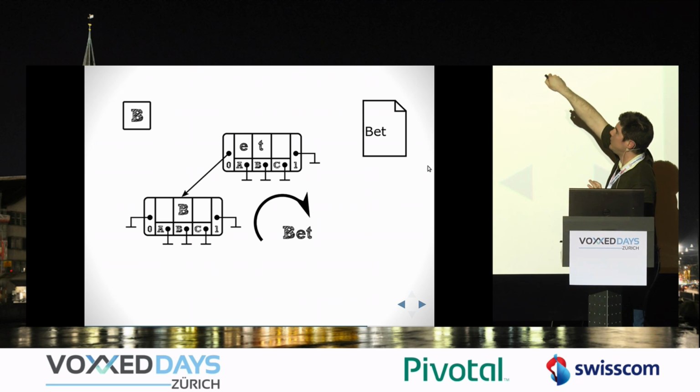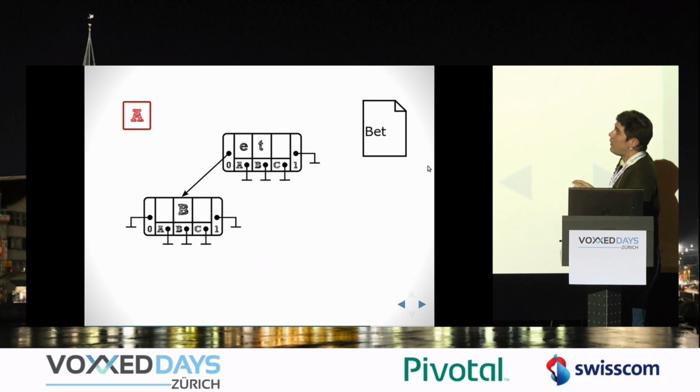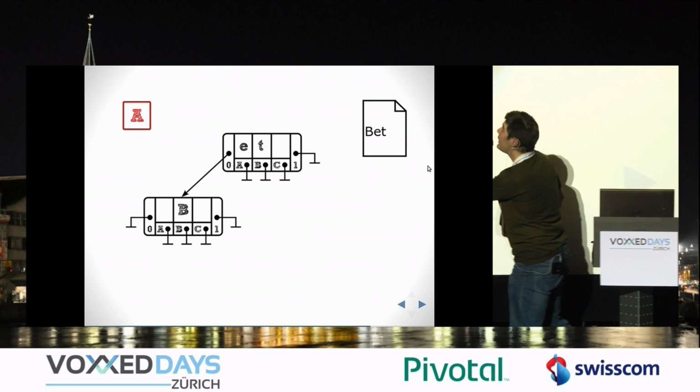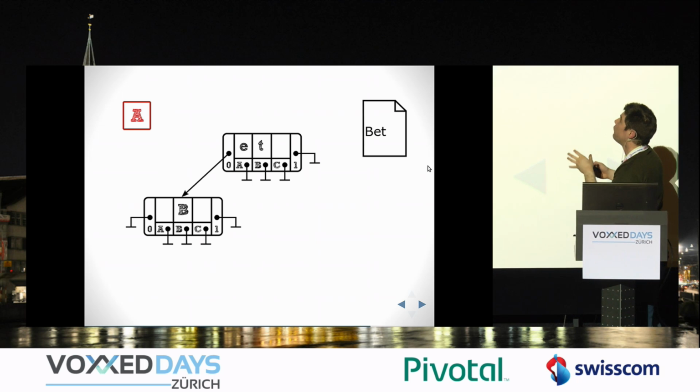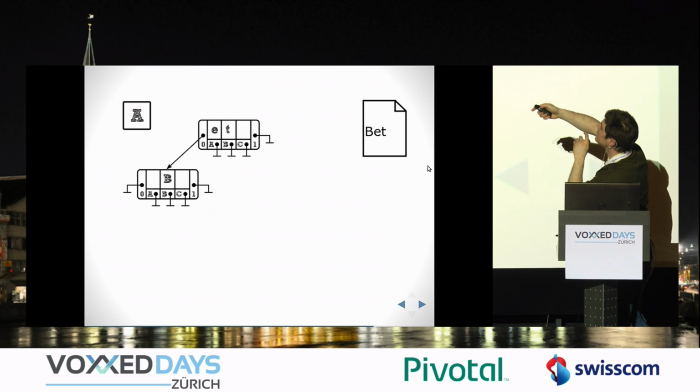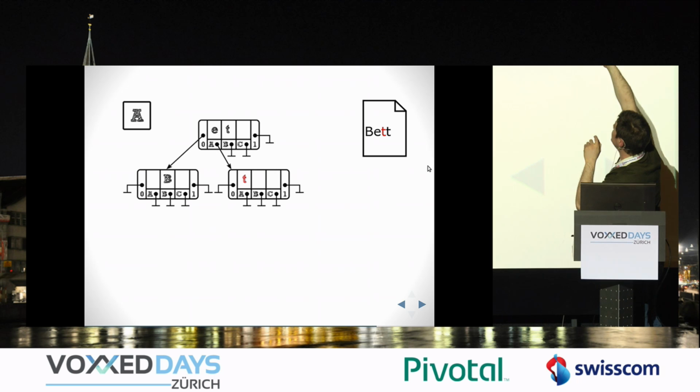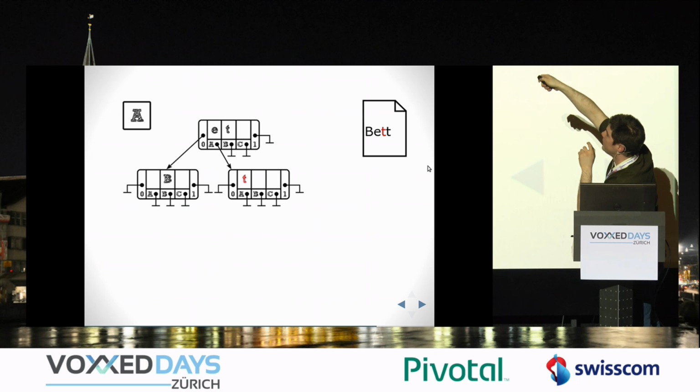So B, E, T. Now, if another participant comes along, like A, and wants to turn this word bet into better, what he needs to do is first insert T. So he takes a look, where could he insert T between E and T? So then he takes a look at the root node and sees that between these two letters, E and T, there's actually a pointer.